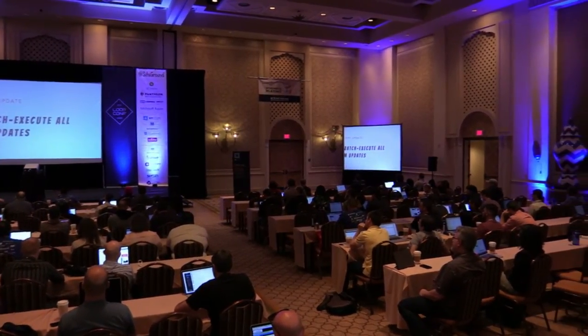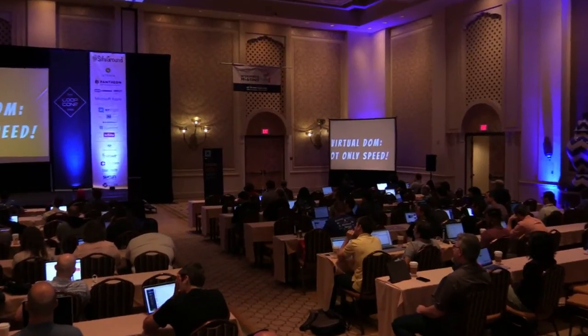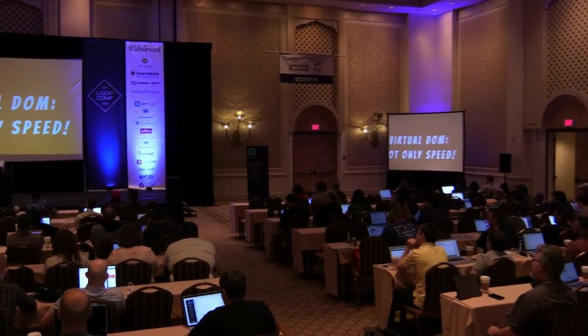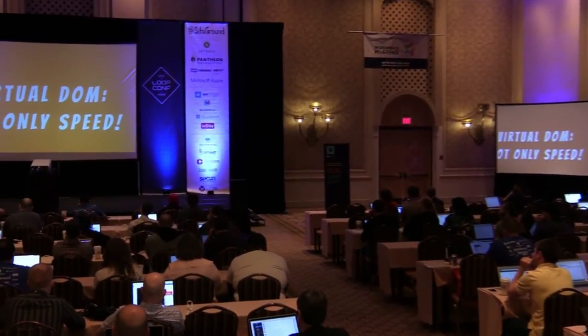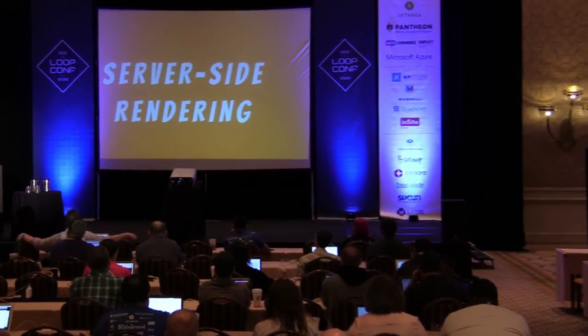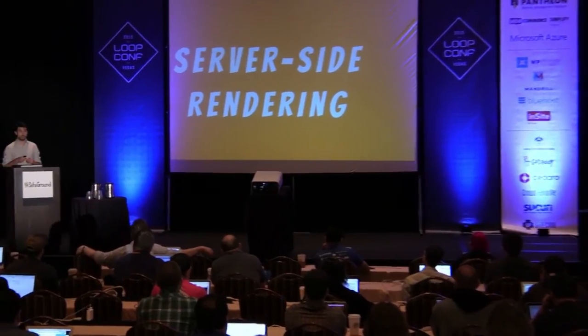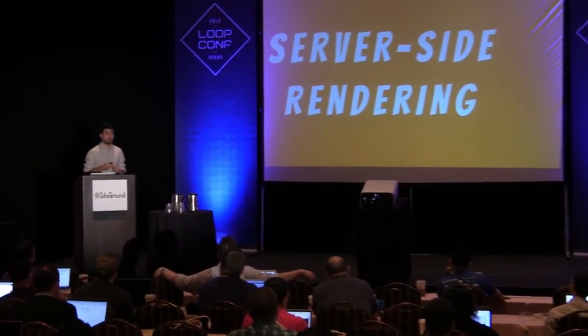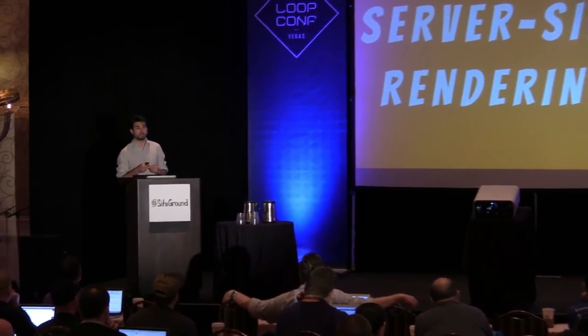So the virtual DOM is fast, but it has some unexpected advantages. For example, if we use a virtual DOM, we can do server-side rendering, and this is extremely cool, because you can have an isomorphic application. You can have all of the SEO you want while still having a fast, responsive, and engaging application.